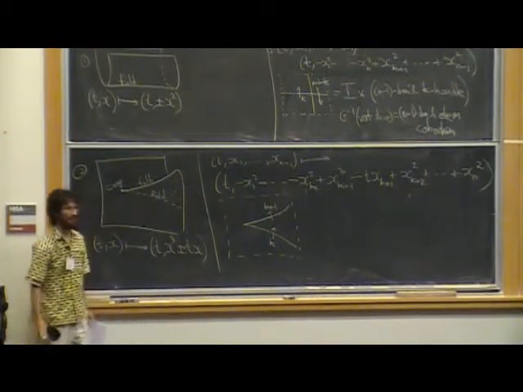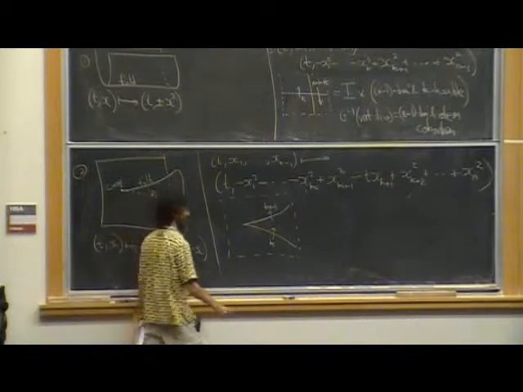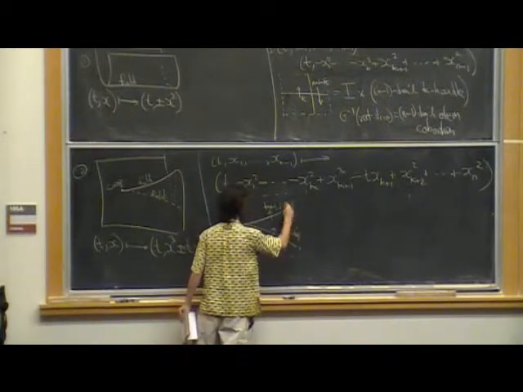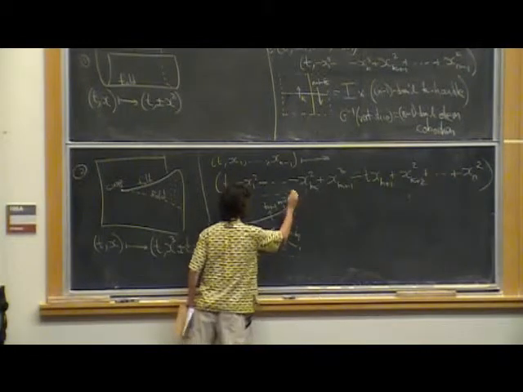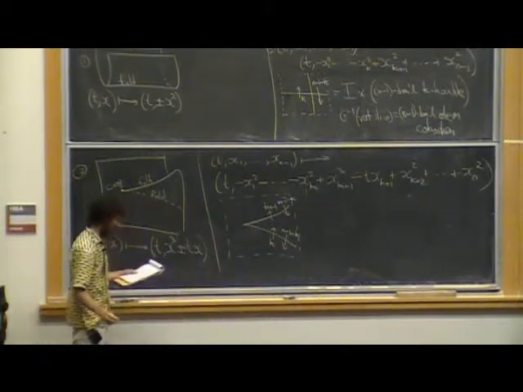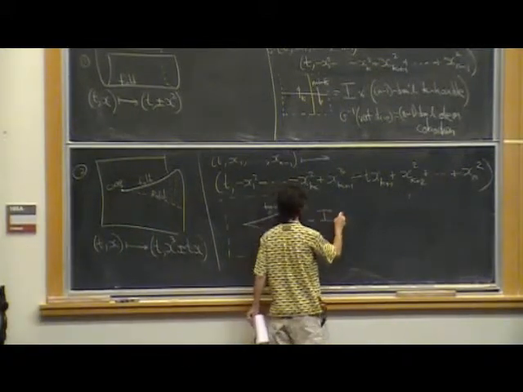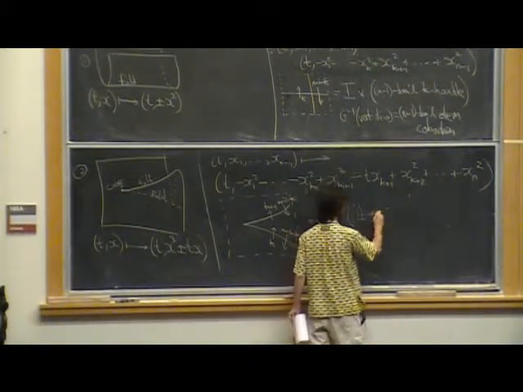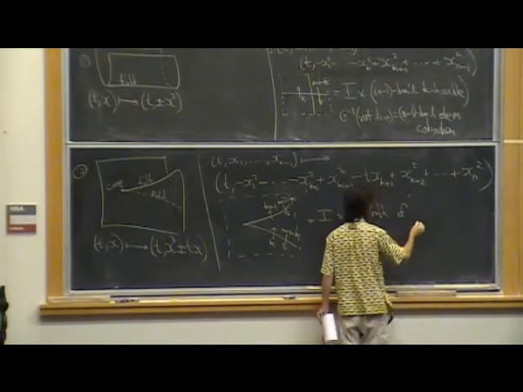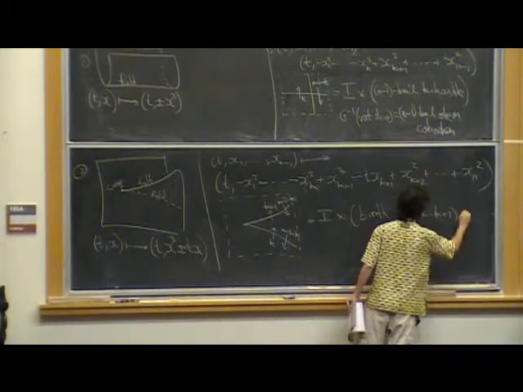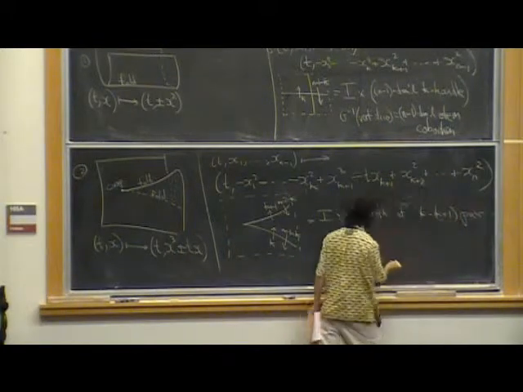Of course, you might have wanted to measure indices going the other way around, so then this would be n minus 1 minus k, and this would be n minus 2 minus k. But the point is, I cross a birth of a k plus 1 pair of critical points.